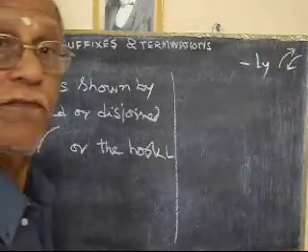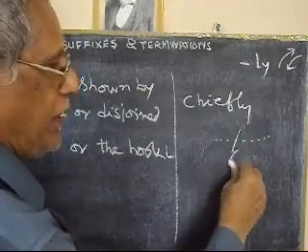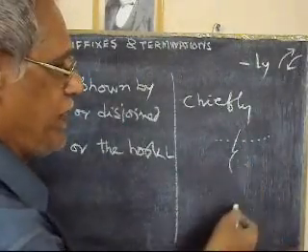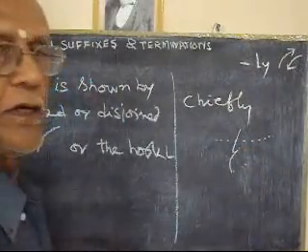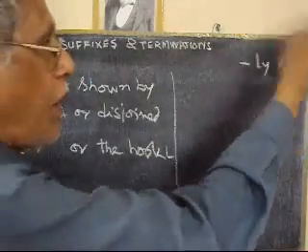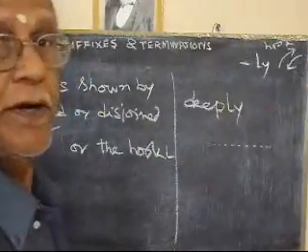Chiefly, you write chief. Ly, downward L can be used. You can join chiefly. Either upward L or downward L, or the hook. Hook also. Deeply.